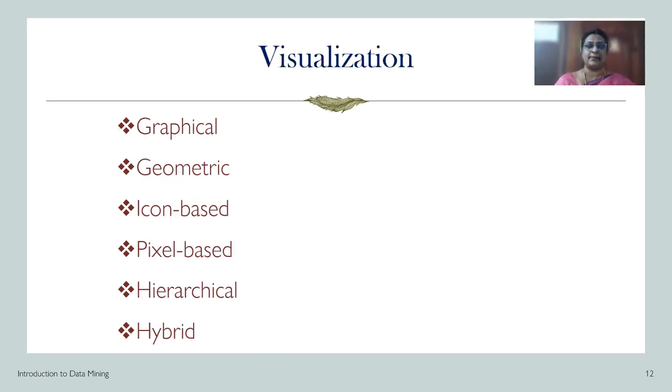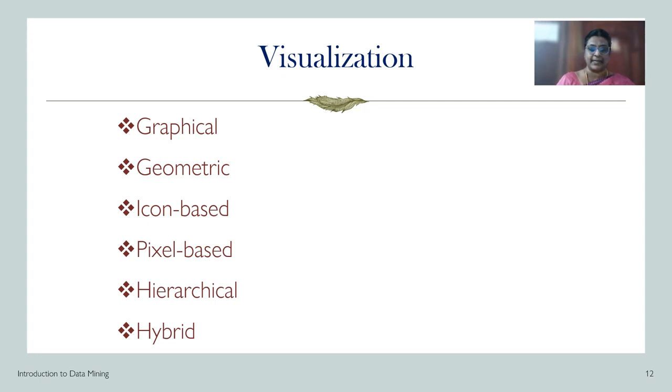Normally the model will be presented visually. Visualization is another aspect of presenting the model, so that people can easily find the meaning of what is derived from the data. The first one, graphical representation, in which traditional graph structures like pie charts, bar charts, histograms and line graphs can be used to present your model.